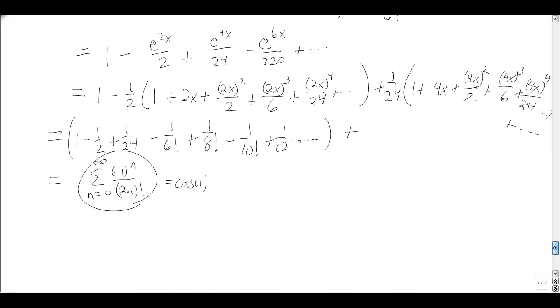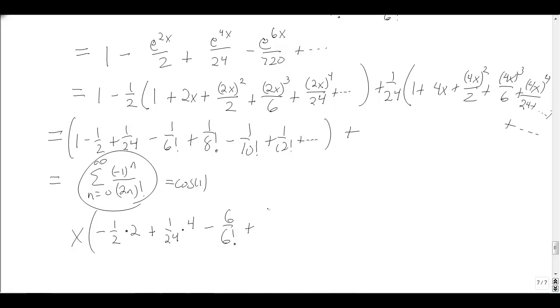So if you think about it, I'm going to get negative 1/2 times 2x, so it's x times that. And then I'm going to get a 1/24 times 4, plus a 1/24 times 4. The next one is going to be a 6 over 6 factorial, except it's going to be a minus from the e to the 6x.